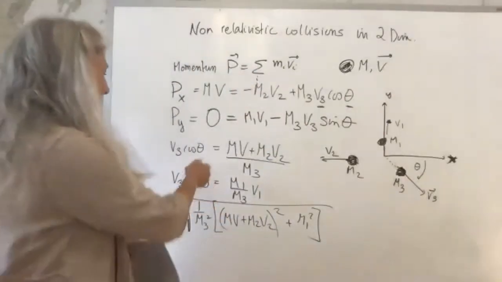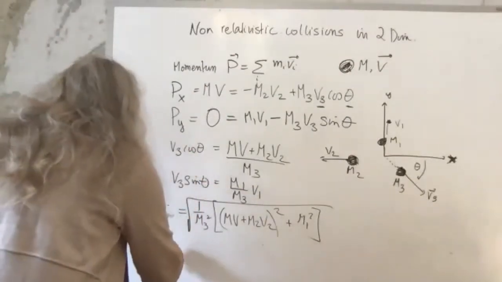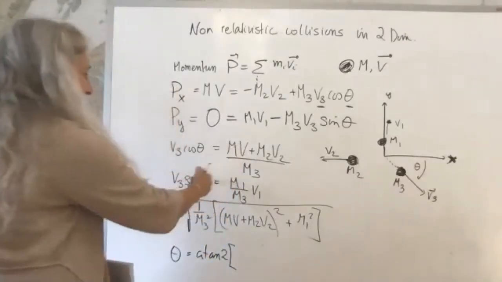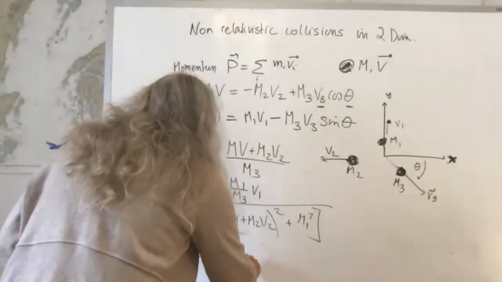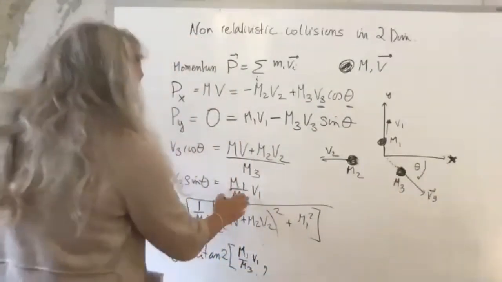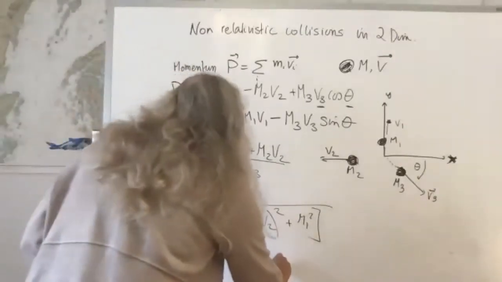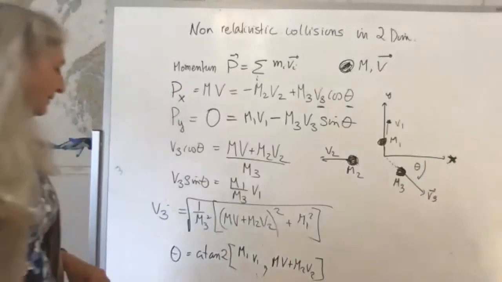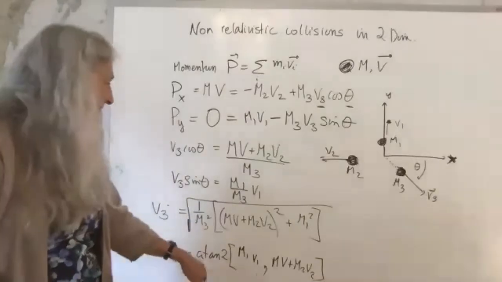And using these two equations, we can also solve for theta. So theta is atan2, where I just take sine, cosine. So this is m1 over m3 v1, comma. Actually, I don't need to worry about the m3 because it'll cancel out in the ratio. So this is mv plus m2 v2. Using the atan2 function, we can find the angle.